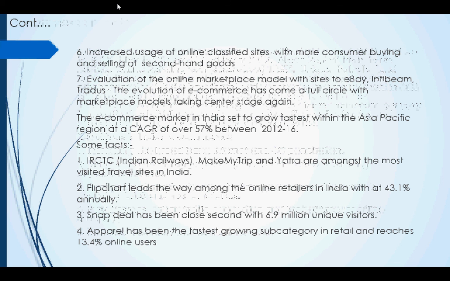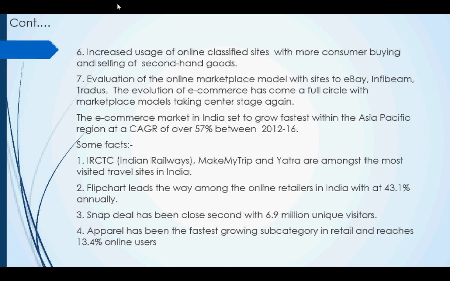Increased usage of online classified sites with more customers buying and selling second-hand goods in our country. Evolution of the online marketplace model with sites like eBay, Infibeam and others. The evolution of e-commerce has come a full circle with marketplace models taking center stage again, especially in a country like India.